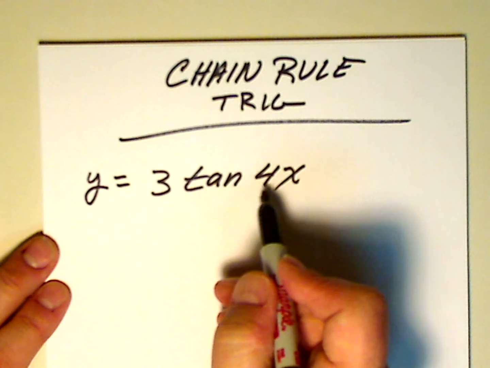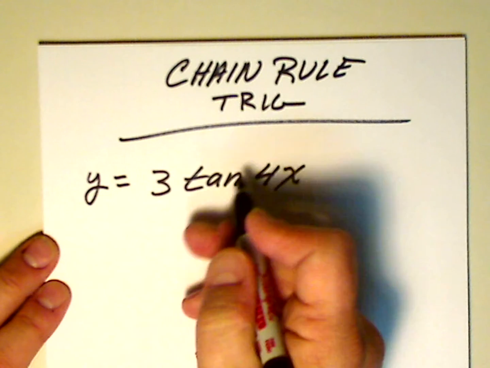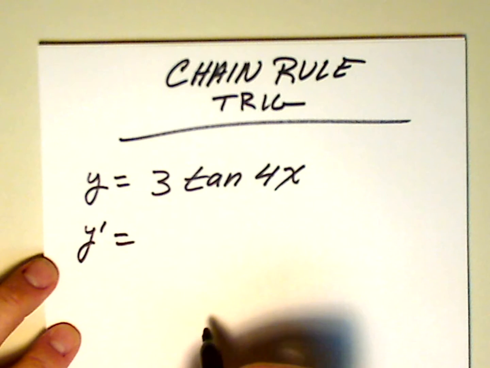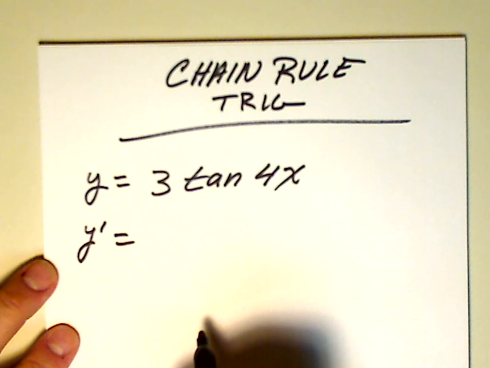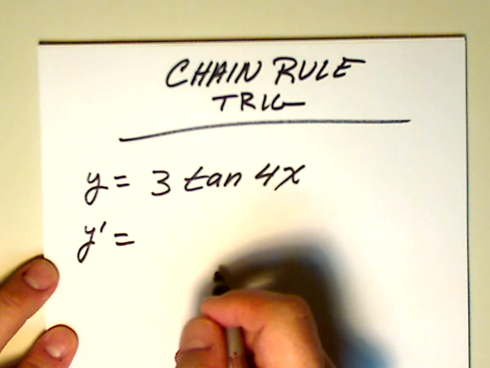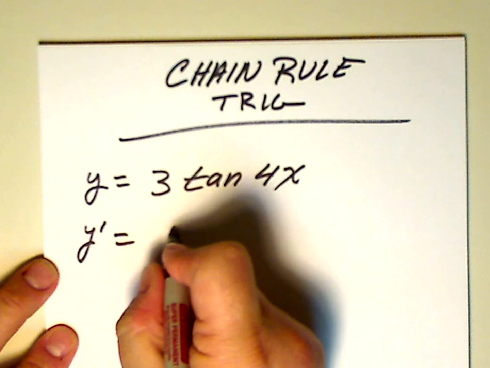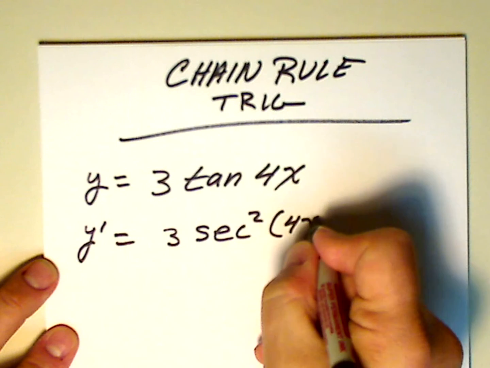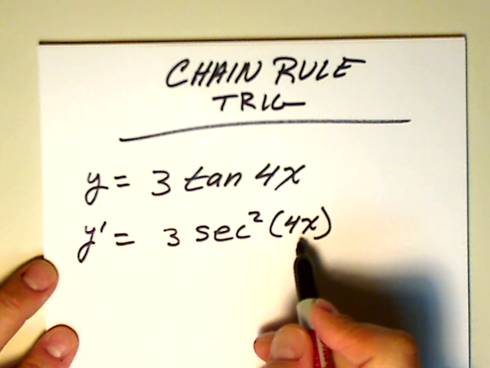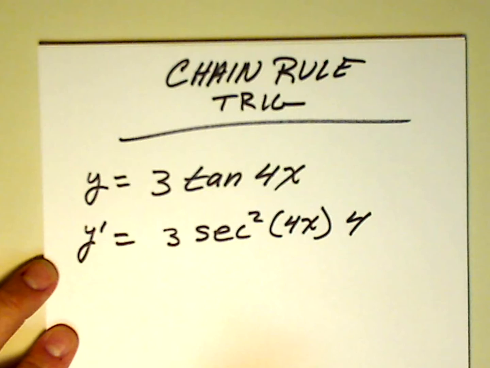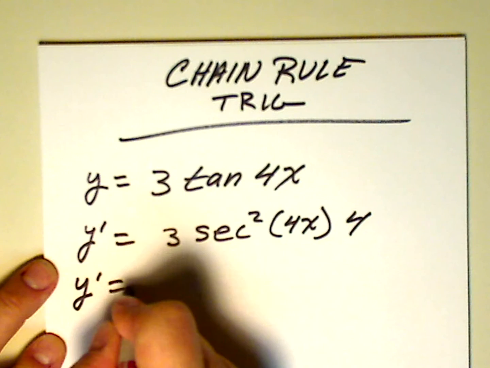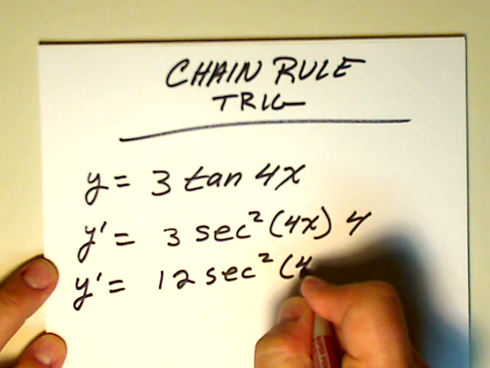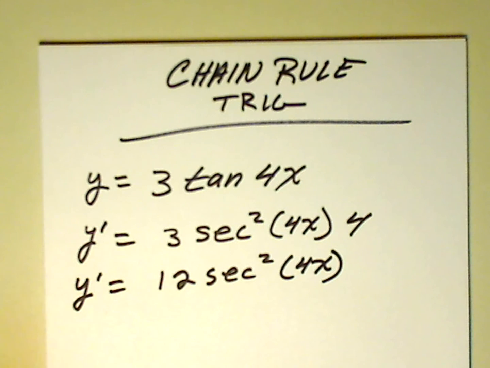So it's 0 times this, which is 0, plus the derivative of this thing. So we can forget about that. The derivative of tangent is secant squared. So we're going to take 3 secant squared 4x, and then we're going to differentiate the 4x, which is 4. So y prime is 12 secant squared 4x.